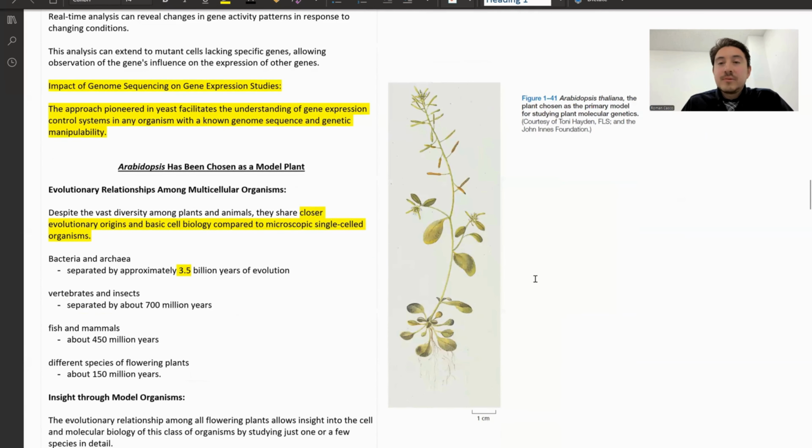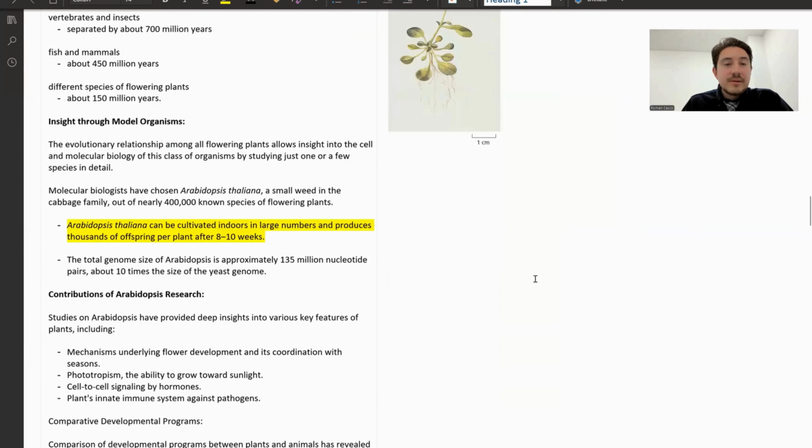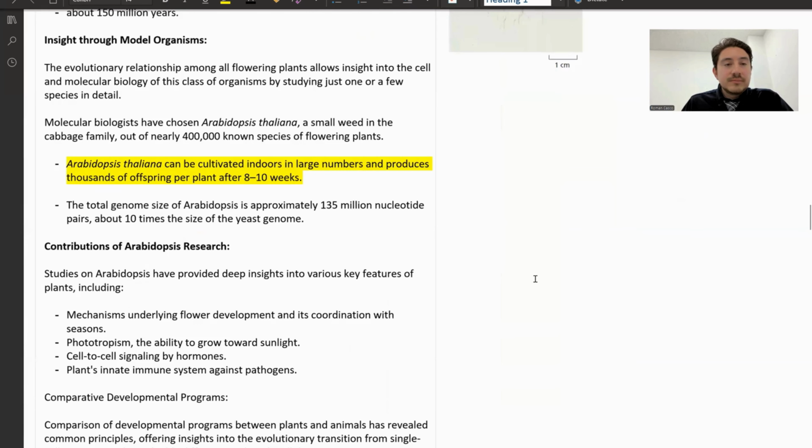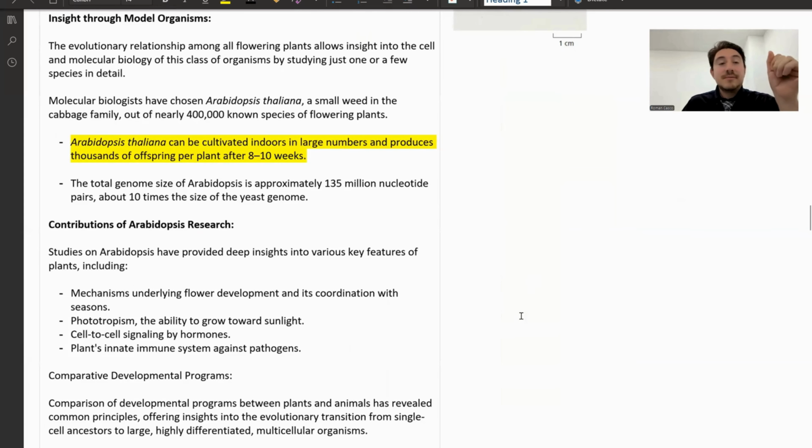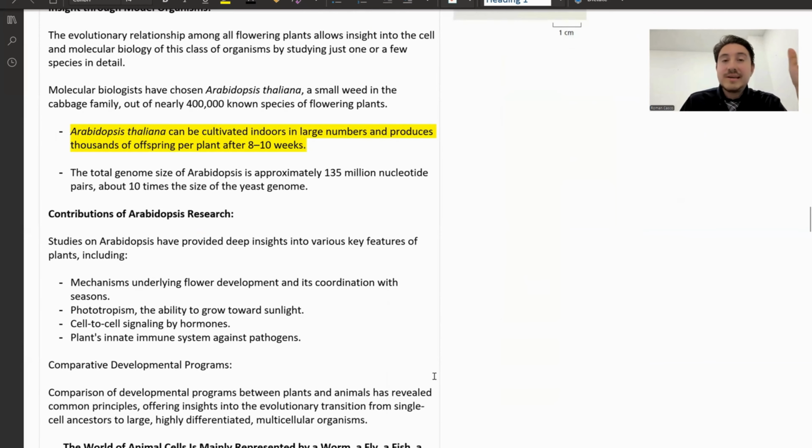For plant molecular genetics, A. thaliana can be cultivated indoors in very large numbers, and produces thousands of offspring per plant every 8 to 10 weeks. So that's quite fast compared to some other plants. The total genome of Arabidopsis is approximately 135 million nucleotide pairs, about 10 times the size of the yeast genome.